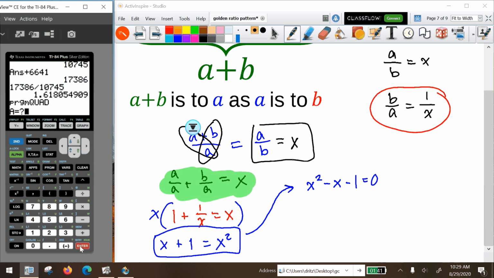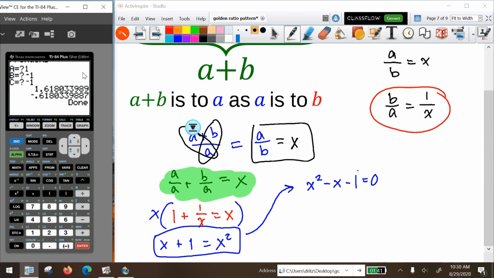If you want to learn more about solving quadratics by hand, I'll also leave a link for that video as well. So my leading coefficient is 1. My next coefficient is negative 1. I wrote my program to work like this. You just type in the coefficients, and the final coefficient down here is negative 1. And it's going to give me my answer here.